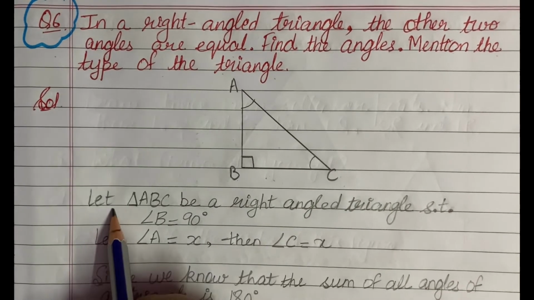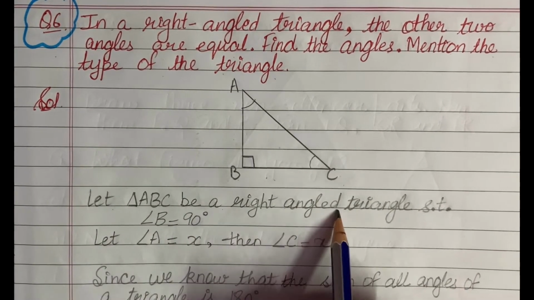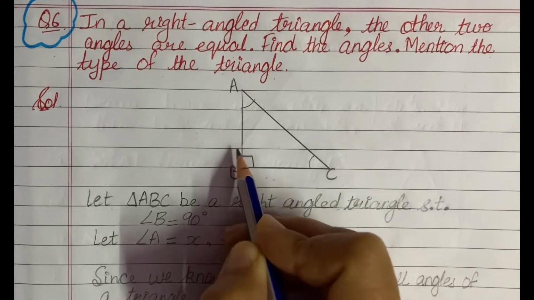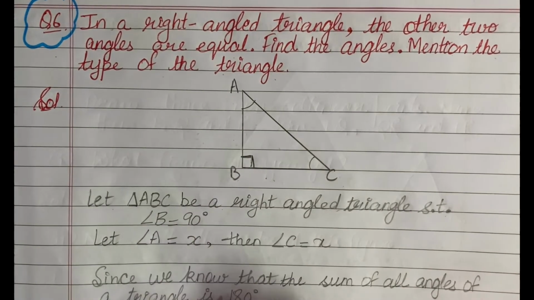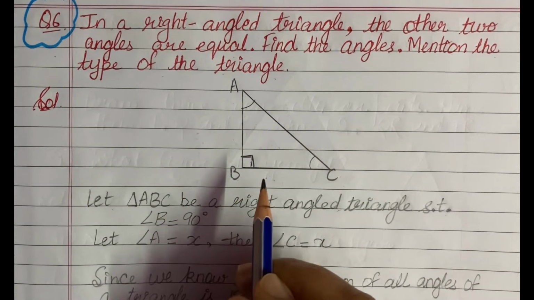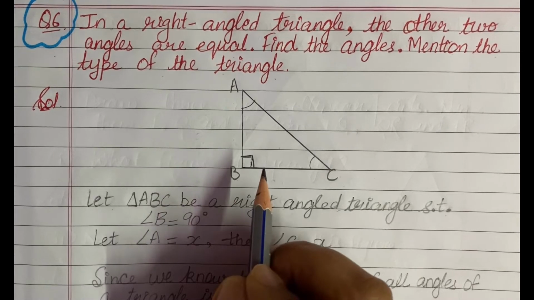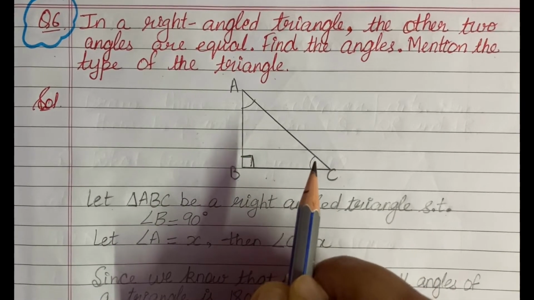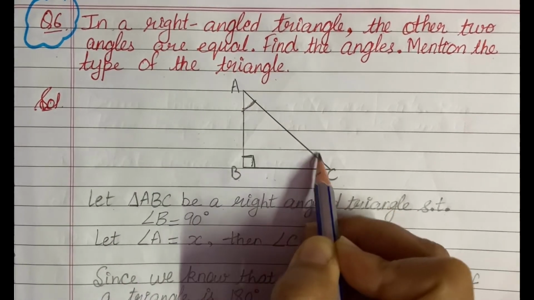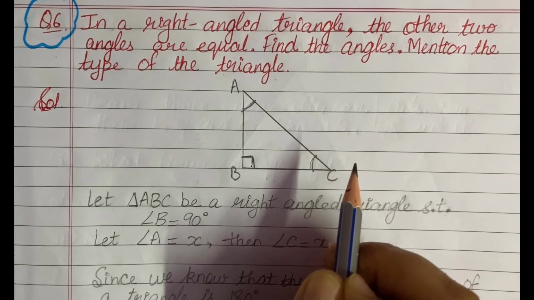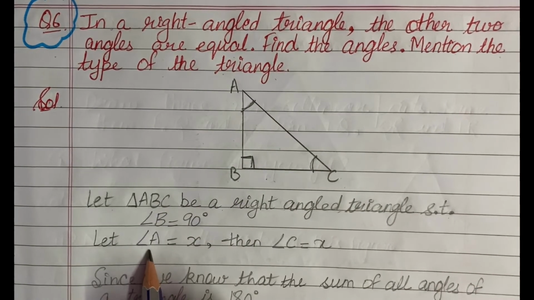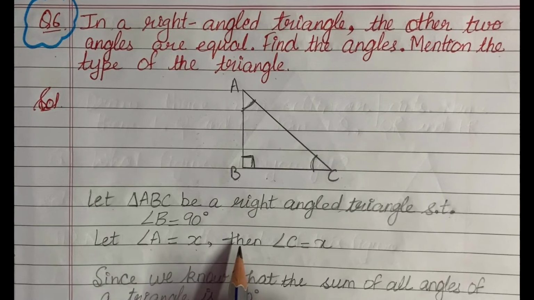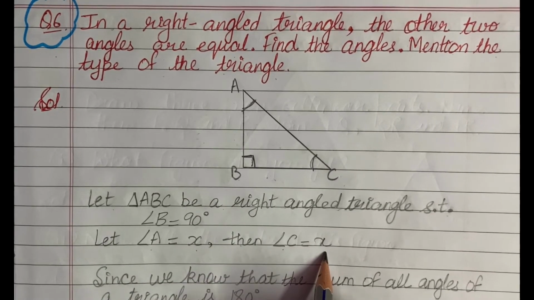That is, let triangle ABC be a right angle triangle such that angle B is equal to 90 degree. Now, in the question it is written that the other two angles are equal. That means angle A and angle C are equal. So, if we take angle A as x, then angle C will also be equal to x.